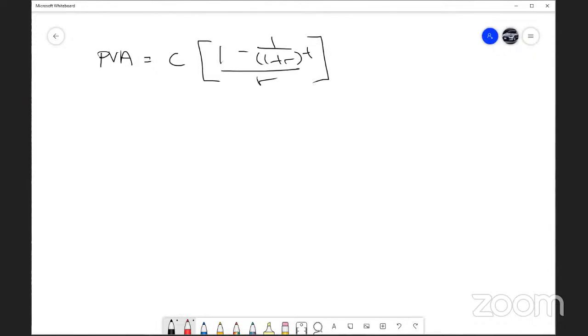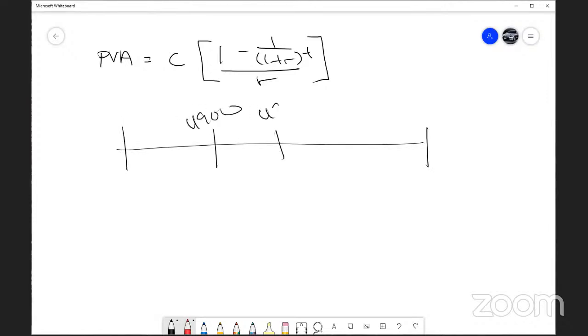So look at question number 8 here. An investment offers you 4,900 per year for 15 years, with the first payment occurring 1 year from today.